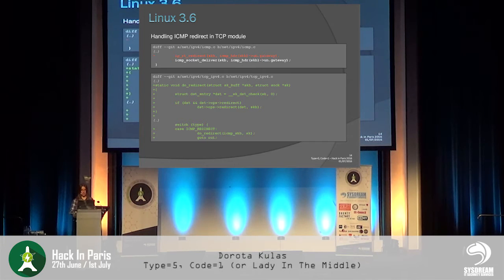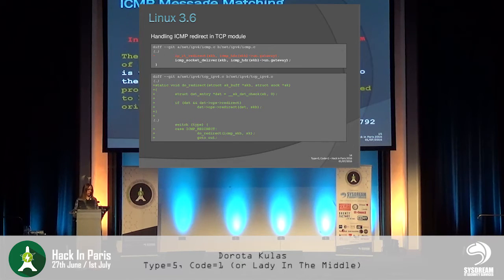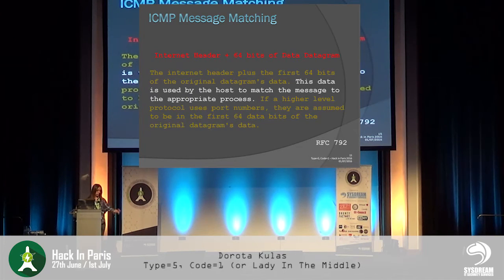So now we know all that stuff. We have to think what to do next. So just to show you again the same information. So now they do this internet header plus 8 bytes of next header matching to match the ICMP redirect.